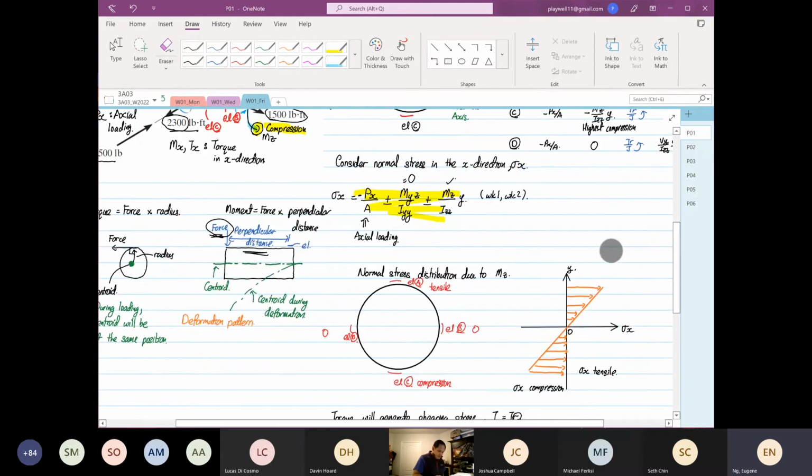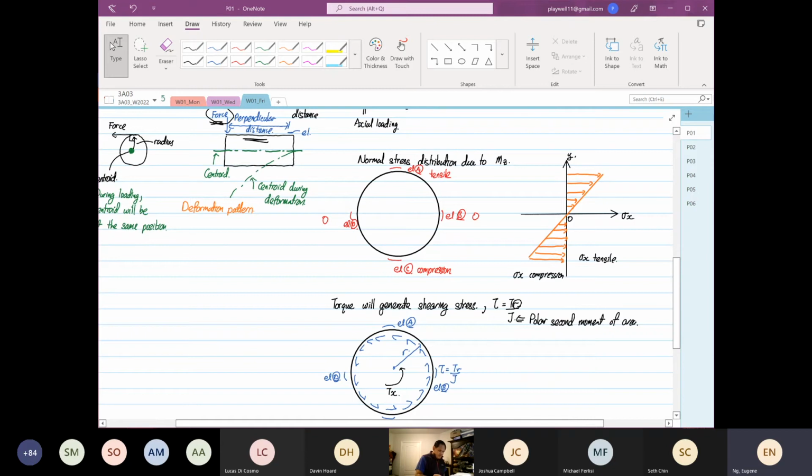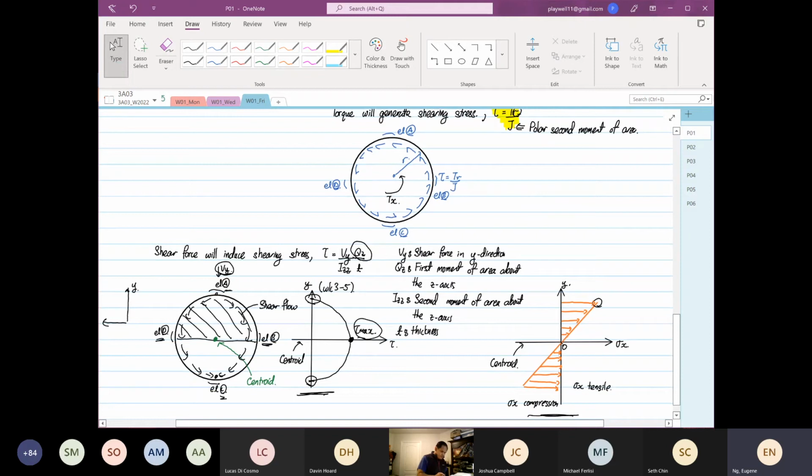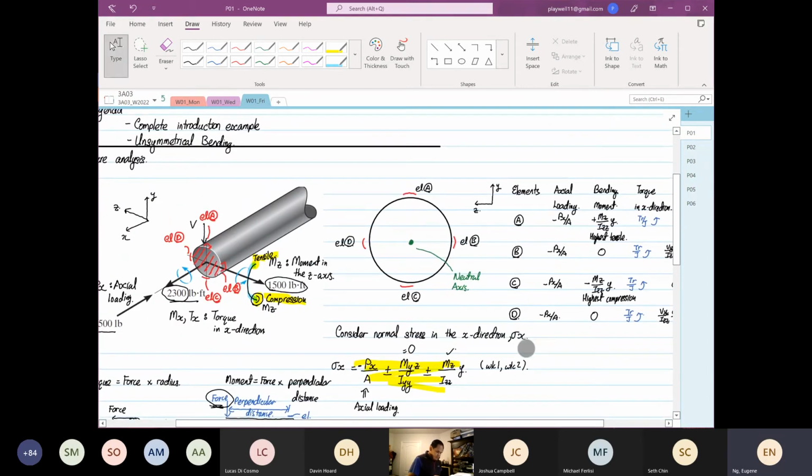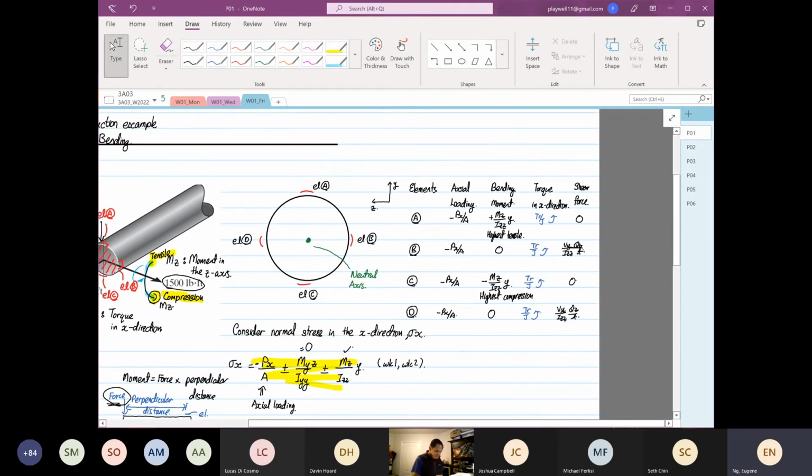Then I showed you formulas and stress distribution for the shear stress due to torsion, and the shear stress due to shear force.